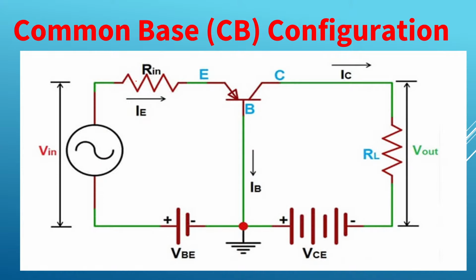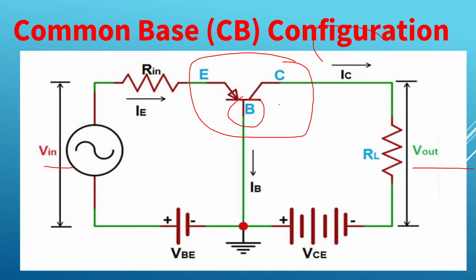Here, this base terminal is shared by both the input as well as the output. This sort of common base configuration is used for circuits where you need high voltage gain and low input impedance.